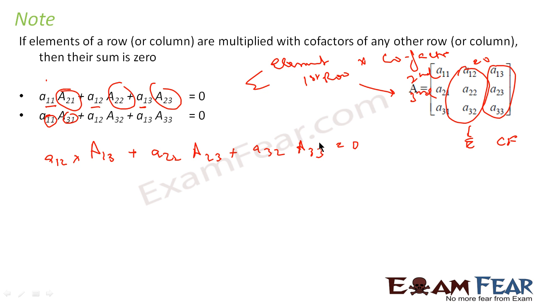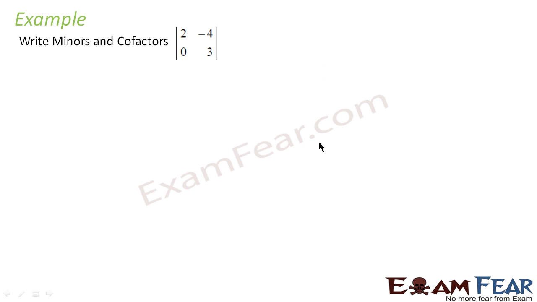Now, having understood the reason for cofactors and minors, let's take some examples. Here we have to write the minors and cofactors of this matrix: 2, minus 4, 0 and 3. There are so many minors and cofactors: minor 1,1, minor 1,2, minor 2,1 and minor 2,2. Similarly, we'll have cofactors also.